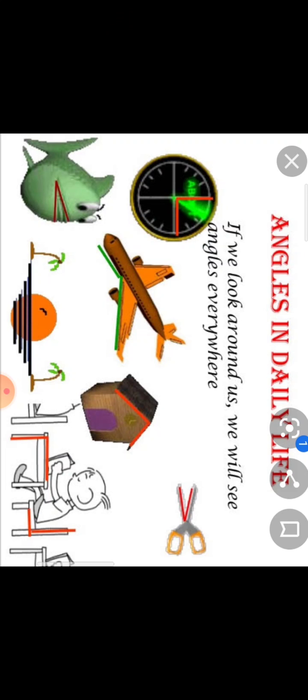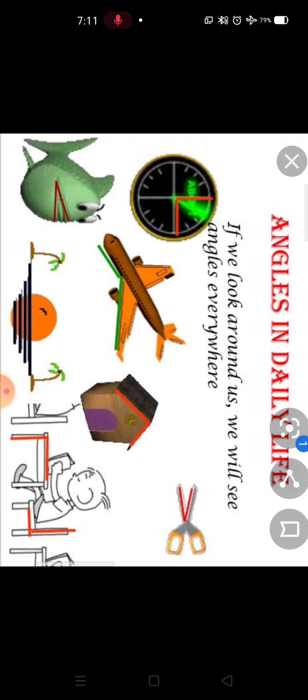So all around you can find the angles. But these are of different types of angles. So there are so many types of angles. You have already learned some angles. Now more related angles are there.